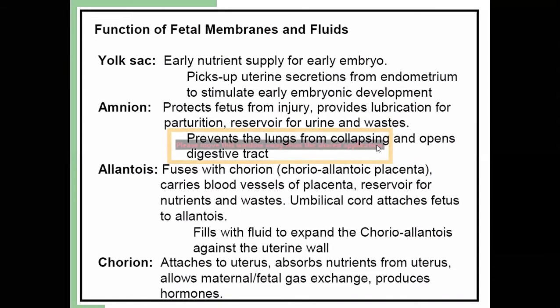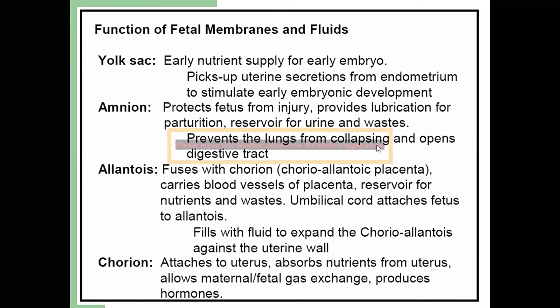Yolk sac, which is the early nutrient supply for the embryo. The amnion, we have dealt with last time. What are the functions? Protection of the fetus. It prevents the lungs from collapsing, and it prevents the fetus from being traumatized.